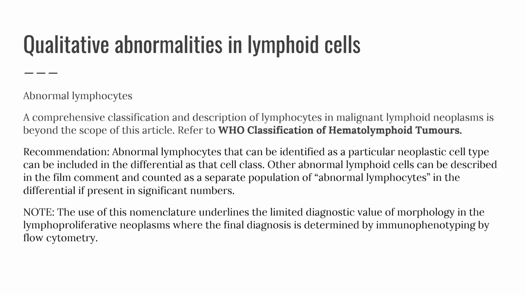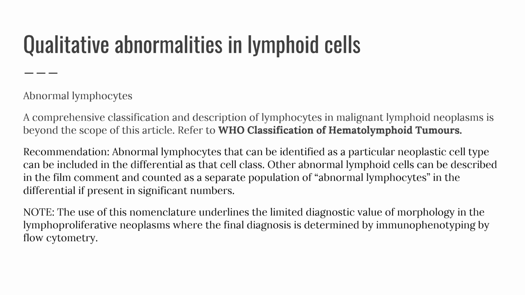At this point, the article reiterates that a comprehensive classification and description of lymphocytes in malignant lymphoid neoplasms is beyond the scope of this article, so we are referred to the WHO classification of hematolymphoid tumors. But if we can identify abnormal lymphocytes as a particular neoplastic cell type, for example, plasma cells, hairy cells, or lymphoma cells, then we can count them as that particular cell class.